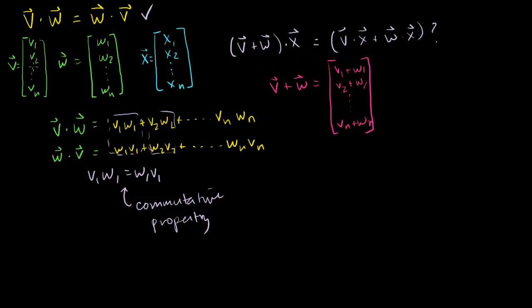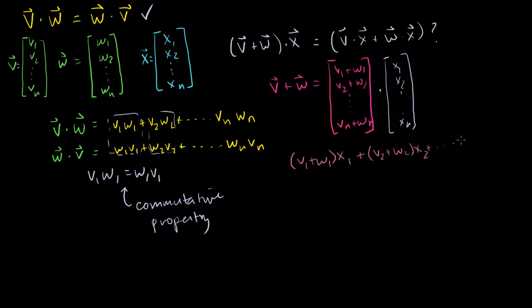And then when we dot that with x1, x2, all the way down to xn, what do we get? Well, we get v1 plus w1 times x1, plus v2 plus w2 times x2, plus all the way to vn plus wn times xn.